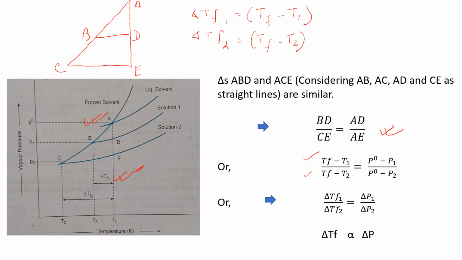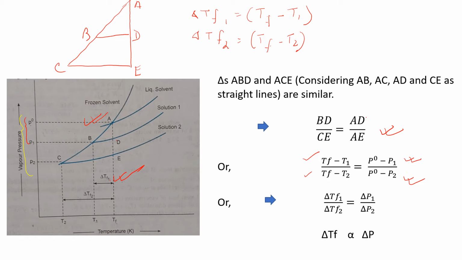And what is your AD? You can see from here AD is equal to P0 minus P1, so it is written here, and AE is equal to P0 minus P2. So it is written here.